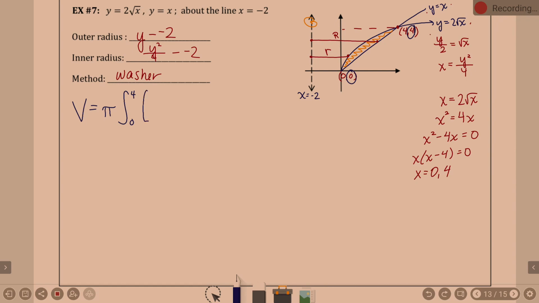Big R squared minus little r squared dy.